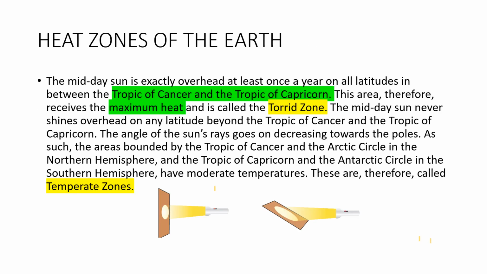Then what are the heat zones of the earth? The heat zones of the earth are two: torrid zone and temperate zone. What is the concept? The midday sun is exactly overhead at least once a year on all latitudes in between the Tropic of Cancer and Tropic of Capricorn.